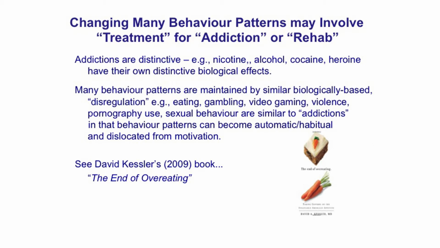And we need quite good self-regulatory skills to break and make new habits. And one book I recommend here is David Kessler's The End of Overeating, where he talks about food rehab, and he's talking about breaking eating habits and making new habits, and I think it's a very good account of that.